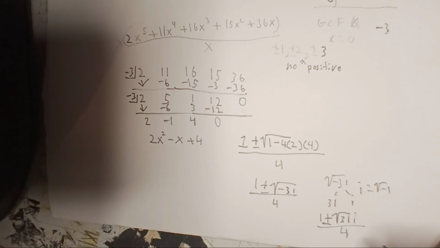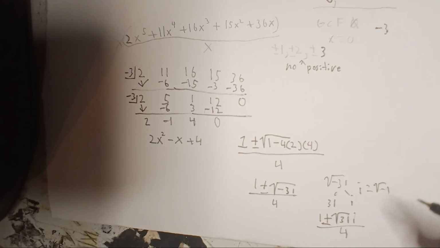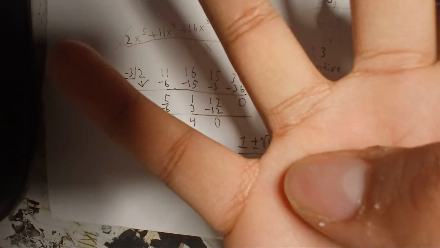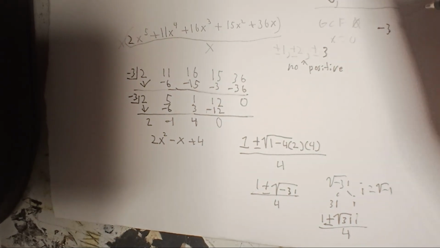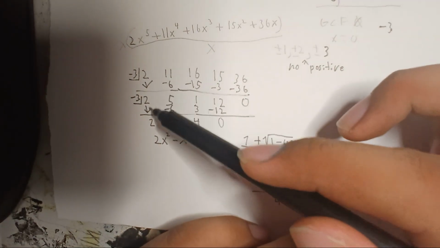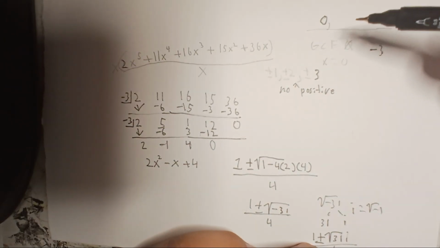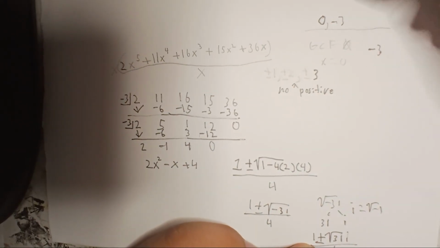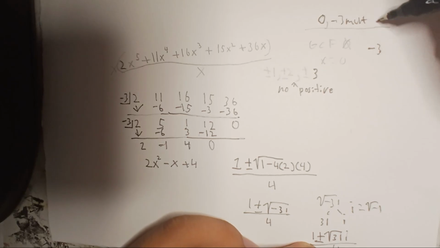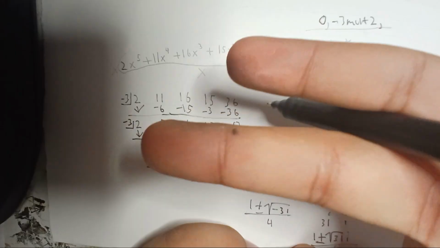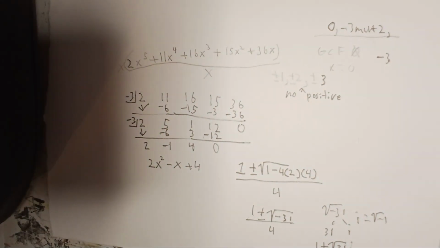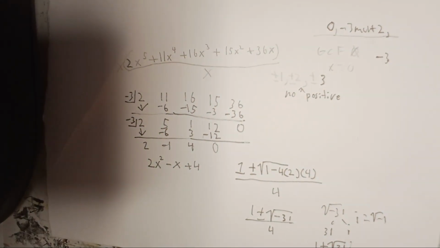The answers are 1 plus this or minus this, you get the point. Okay, now we have all four of our answers, right? We have negative 3, and since it was used 2 times in the synthetic division, it has multiplicity 2.